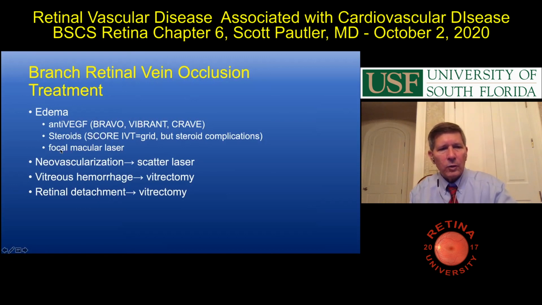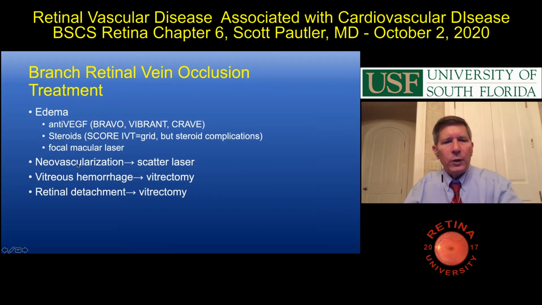There is still a role, in my opinion at least, for focal macular laser in some of these cases, particularly if protracted need for treatment with anti-VEGF is required. Sometimes you can have a few focal areas that you can safely and lightly treat and resolve the edema and eliminate the injections.